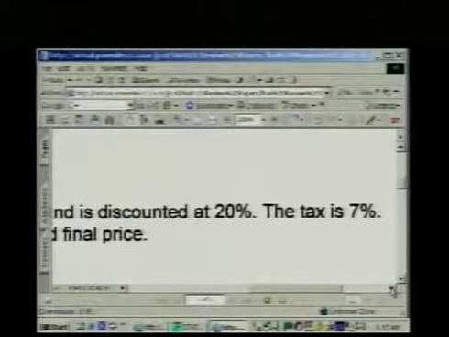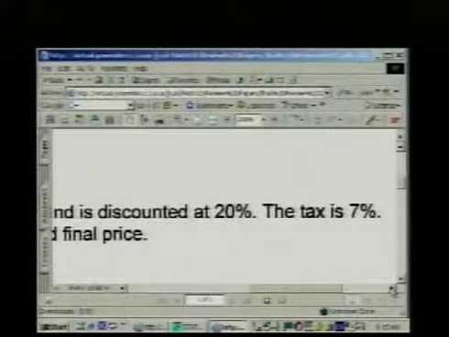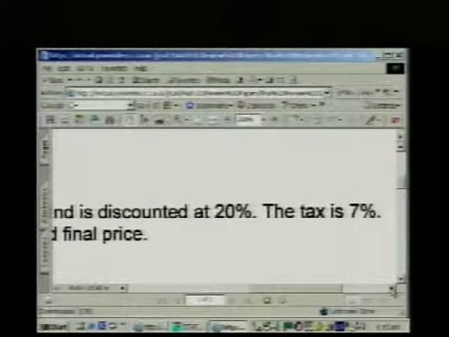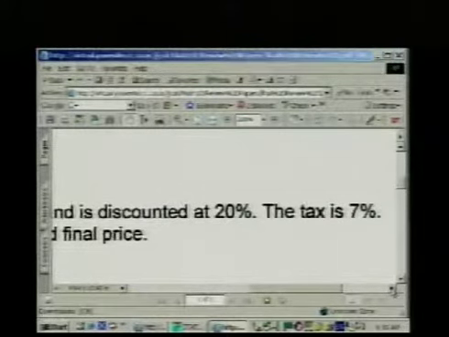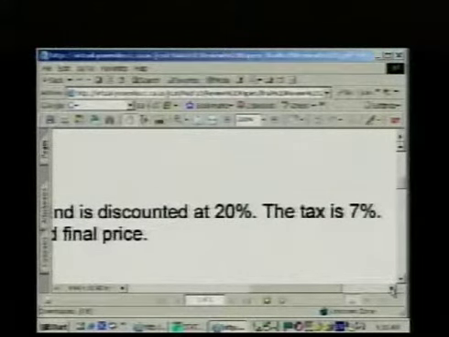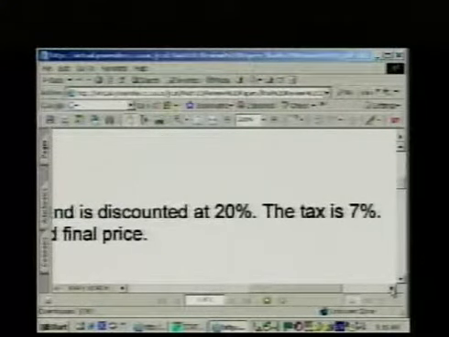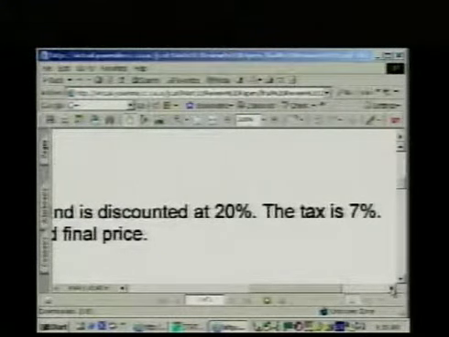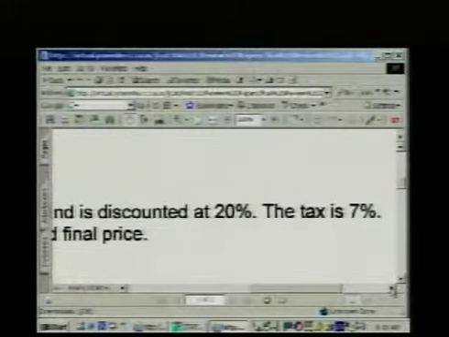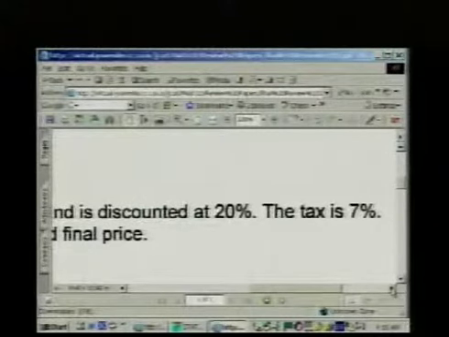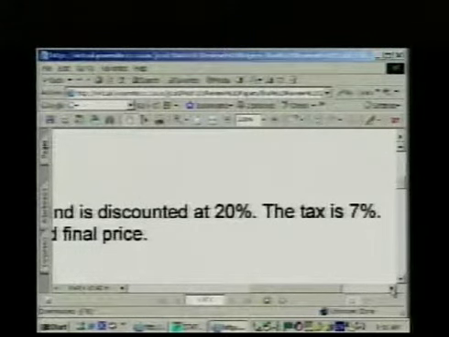So what am I asking you to find? The discount, the sale price, the tax, and out the door with your new stereo that you're going to put in your car. $599.99. Okay, so with your calculator, will you find me the answers?